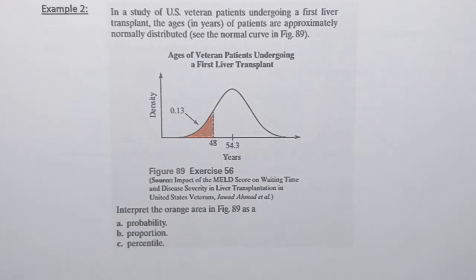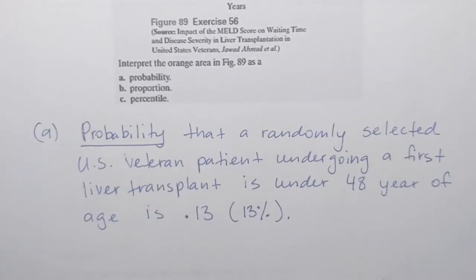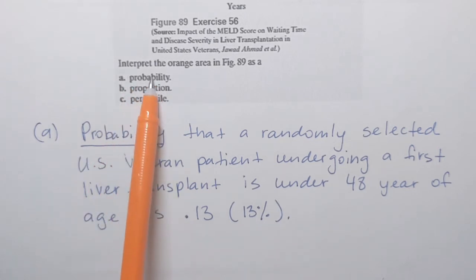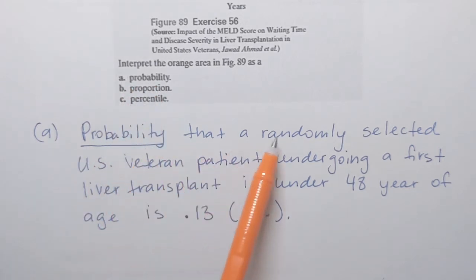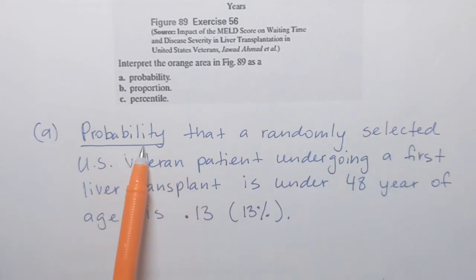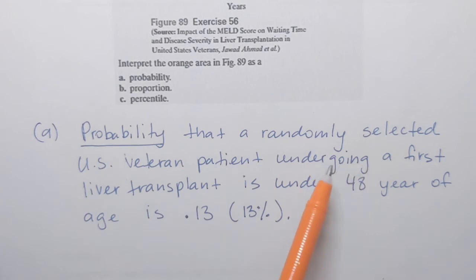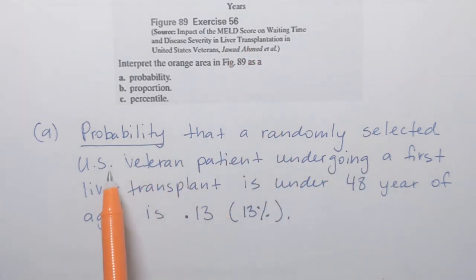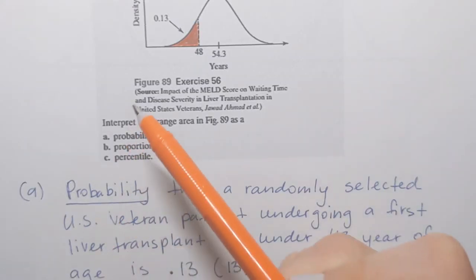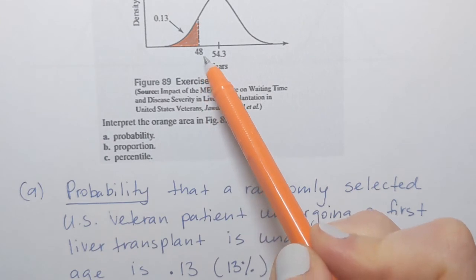So we're going to write this down. So here's that sentence. Once again, we start with saying probability. That's what we need to use for part A. Probability that a randomly selected, that's going to be the beginning of the sentence every time. Then you have to state your population described in the problem. In this case, it's US veteran patient undergoing a first liver transplant. Then you want to state the specific condition, right?